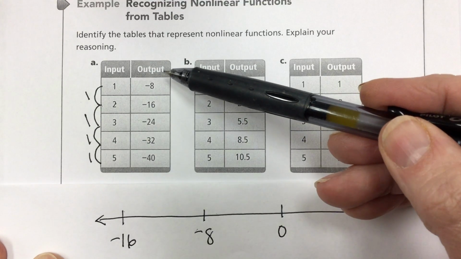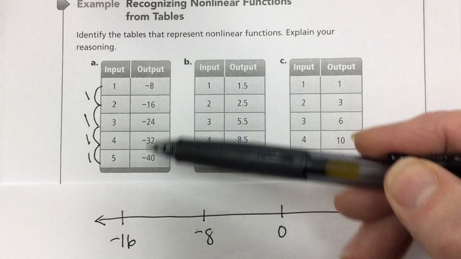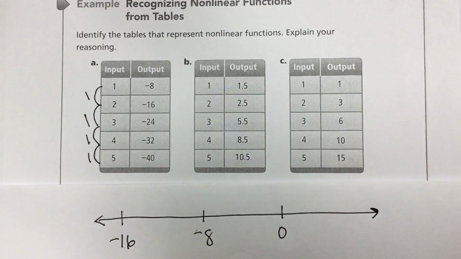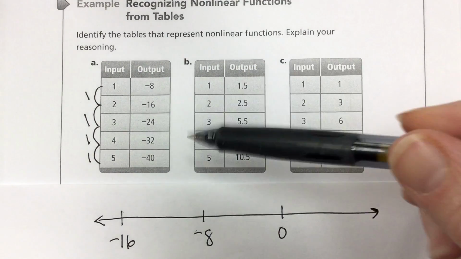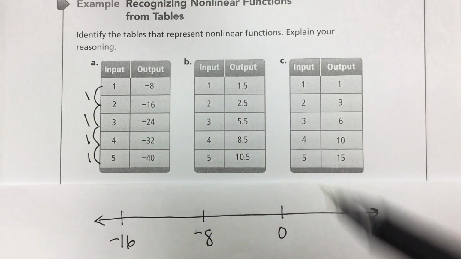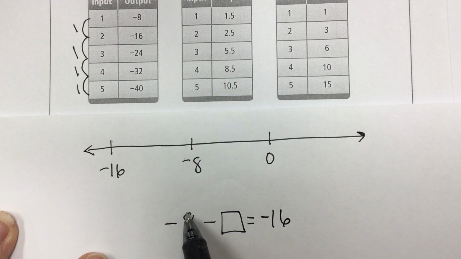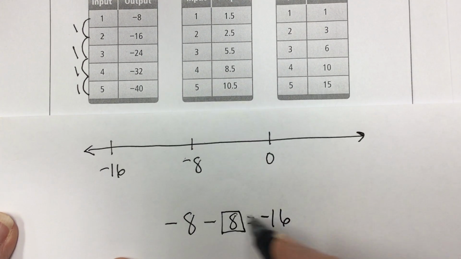Anytime you are getting smaller, you will subtract. So you can ask, -8 minus what number is going to give you -16? Well, -8 minus 8 is going to give you -16.